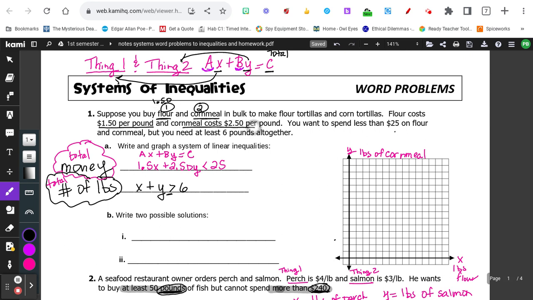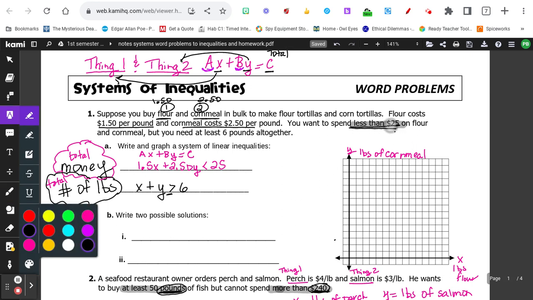Cornmeal costs $2.50 per pound, so I know $2.50 is going to go with that. You want to spend less than $25 on flour and cornmeal. So what I do is I make sure I highlight this, because when I highlight that part, it tells me what goes here.